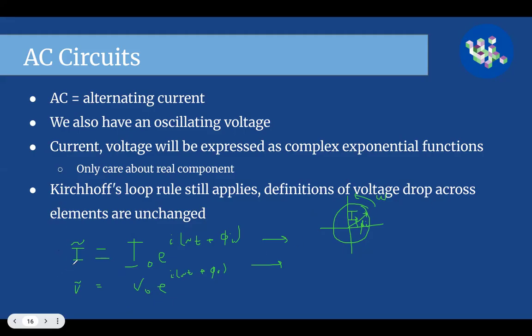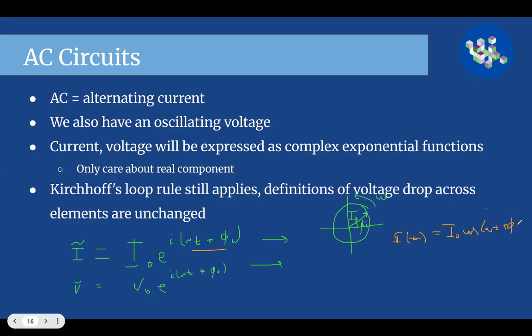But from these complex exponentials, we only care about the real component because that's the only part that has physical meaning. So we'll say that current I as a function of time is I0 times cosine of omega t plus phi I. And we can do a similar thing for the voltage.